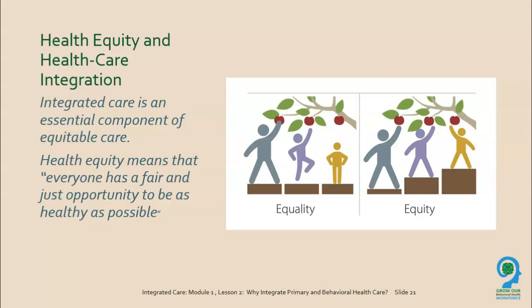In the equity model, we give people just the literal boost that they need. So the short person might need a little bit more of a boost to get the apple than the tall person, but we share our resources, so we have the same amount of boost, but the person who needs it more gets a little bit more.